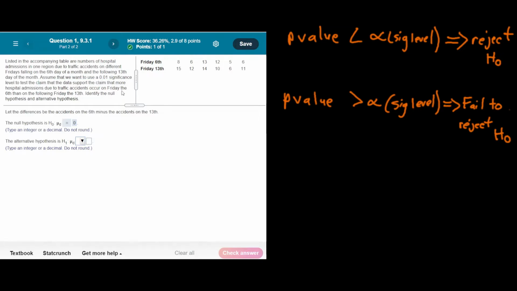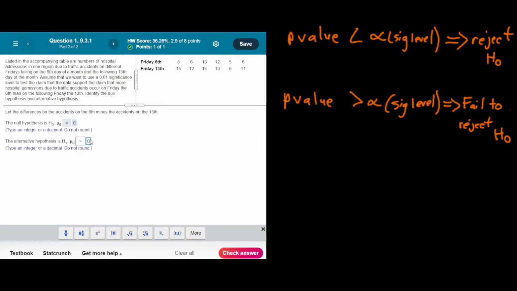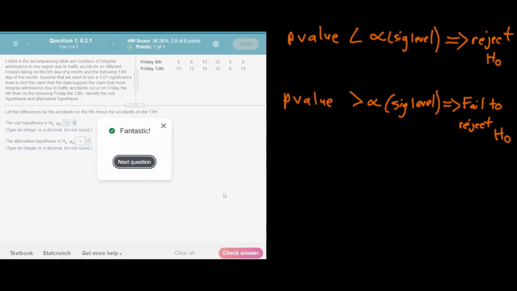More than, more, greater. So let's go ahead and use the greater than symbol. We're going to put 0. All right, and we got it. So look for those keywords.